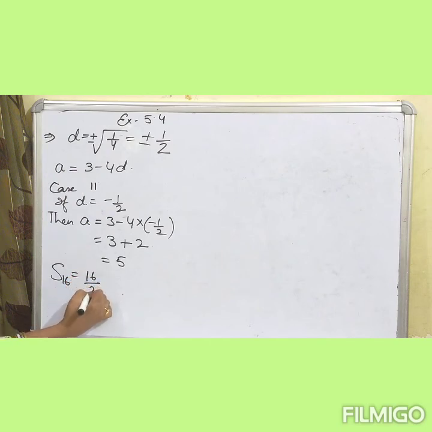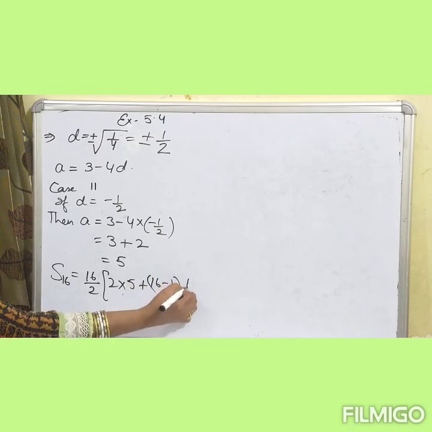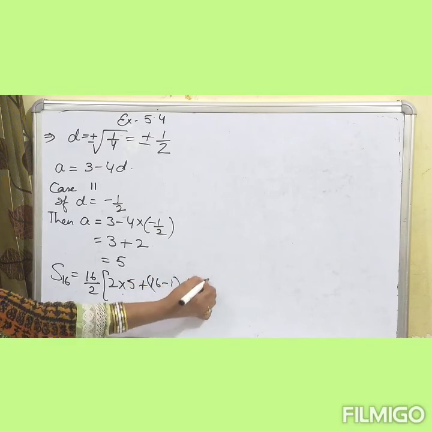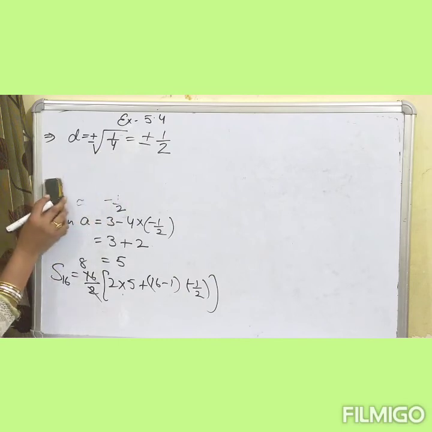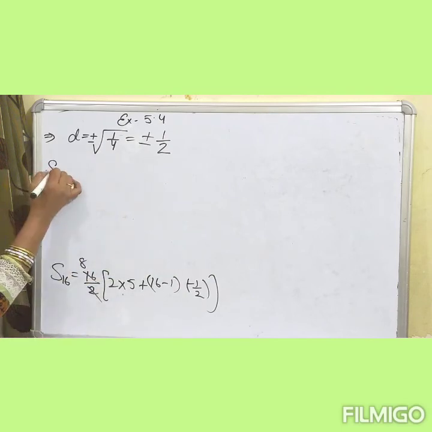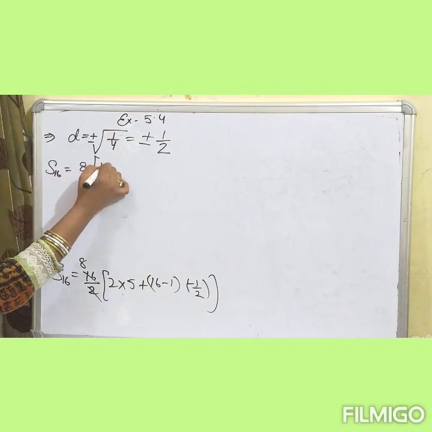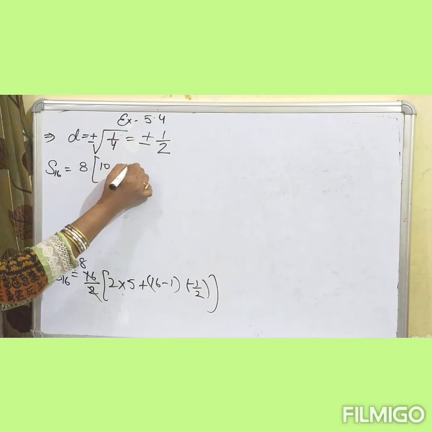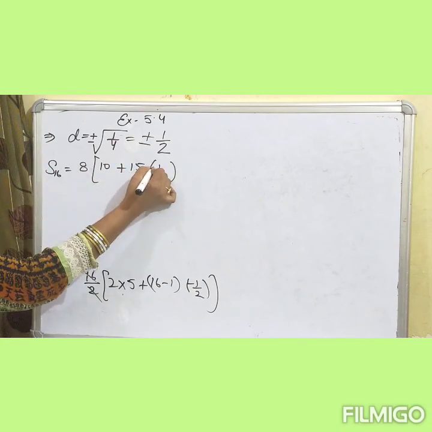So it will be 16 by 2, 2A plus 16 minus 1 into D, right? So it will cut out, this is 8, and now S16 is equal to 8 into, 2 5s are 10, plus 15 into minus 1 by 2.